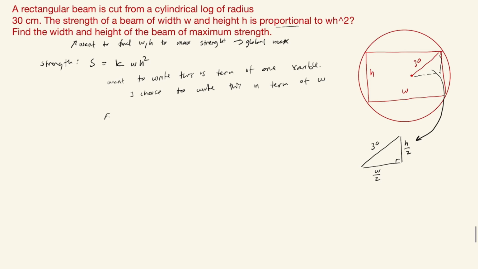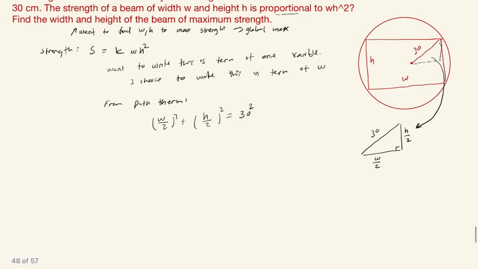Now, what we can do, we can write this using the Pythagorean theorem. So that's going to be W over 2 squared plus H over 2 squared equal to 30 squared. Now I'm going to square the first term and then the second term as well as the third term.